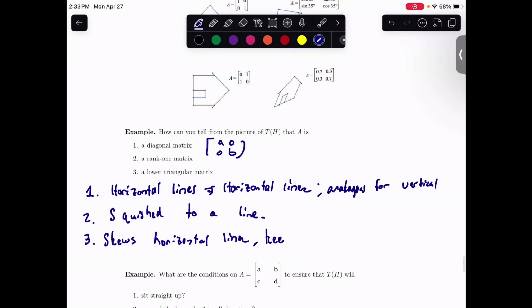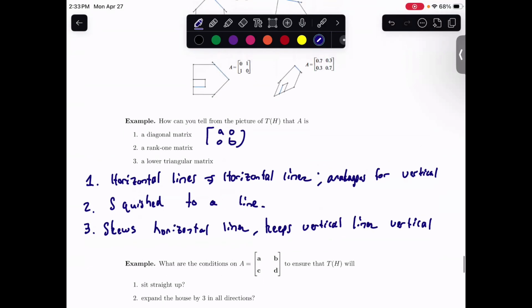So it keeps vertical lines vertical. Right, because if you're thinking about what such a transformation does, it's going to look something like this.